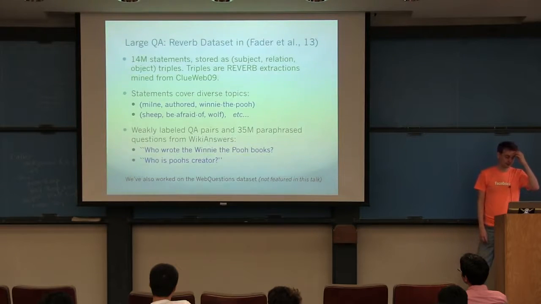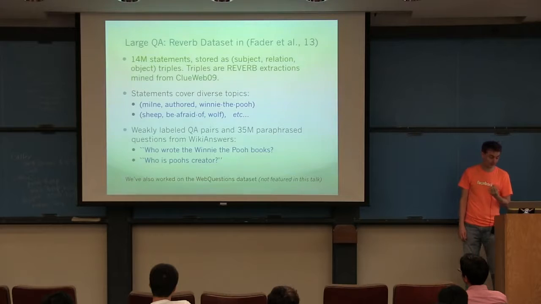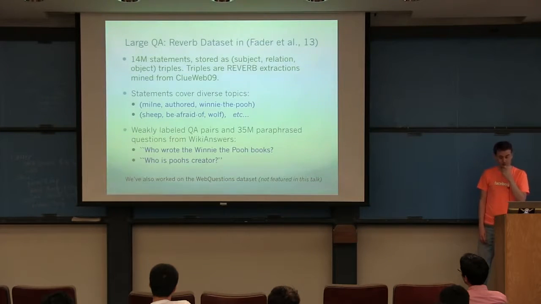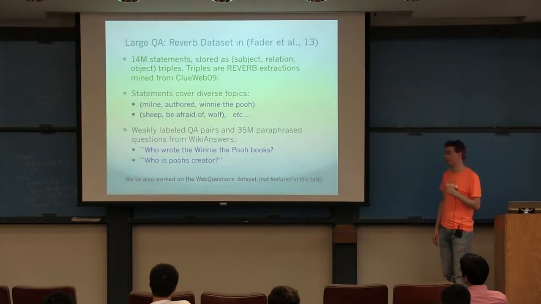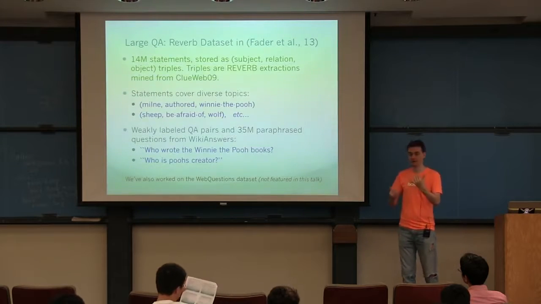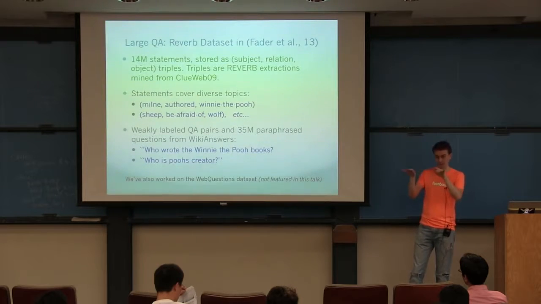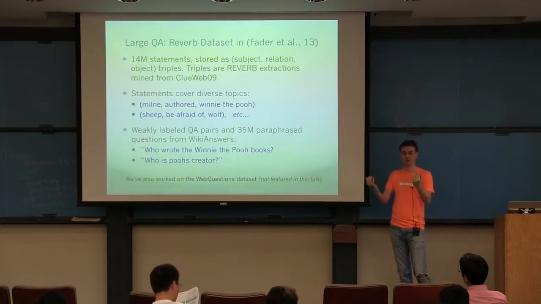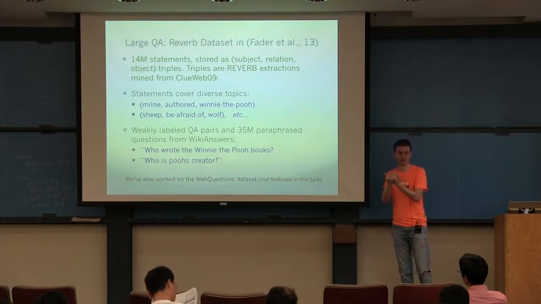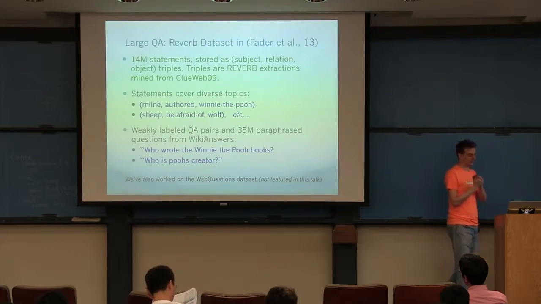So we're given only very weakly labeled question answer pairs to train on this, and also paraphrase data, which basically says there are pairs of questions that are written in a slightly different way to each other that should have the same answer. So this is what was given in this data set.